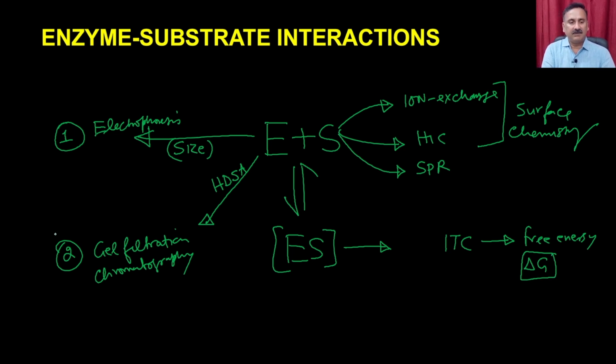So let's start with the first technique, which is how you can use the spectroscopy technique. When the enzyme and substrate interact, forming the enzyme-substrate complex, it also brings changes in terms of the spectroscopic parameters, right?